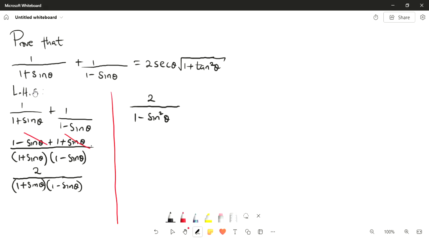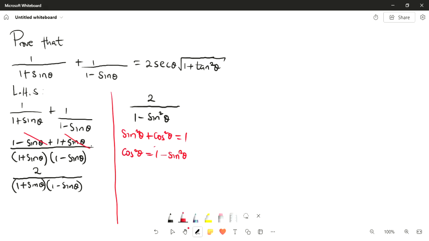Now if we recall again from the Pythagorean identities, if you have sine squared theta plus cos squared theta, the result you get is 1. And if you want to make cos squared the subject, you have to subtract sine squared from both sides, and this gives us cos squared theta equal to 1 minus sine squared theta.